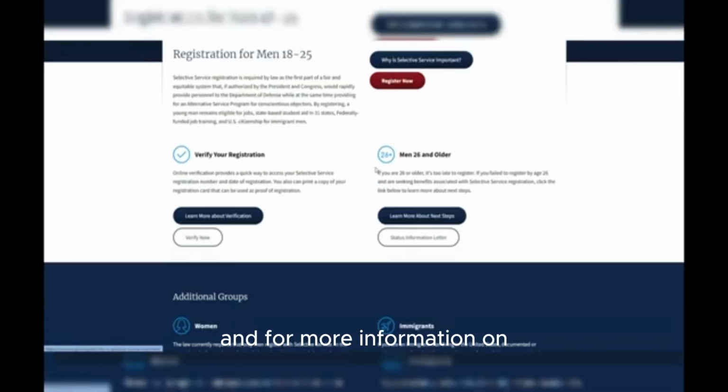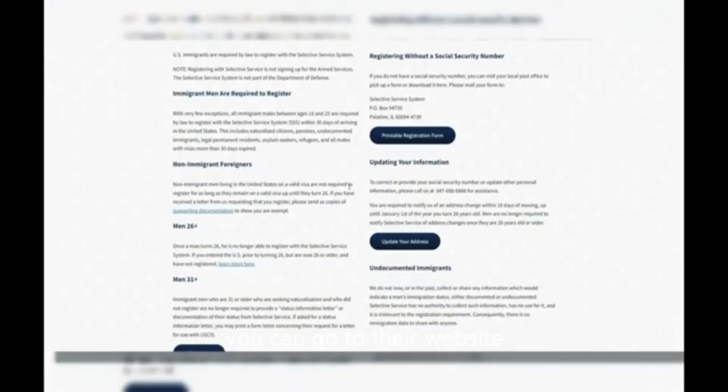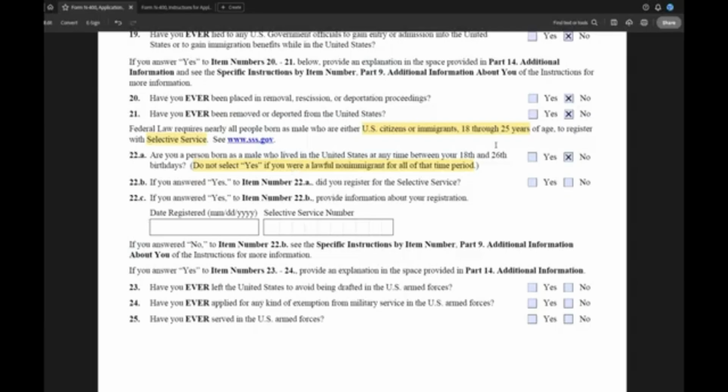And for more information on selective service requirements, you can go to their website. If you were required to register, you would answer yes, whether or not you registered with selective service, and you would need to provide the date of your registration and your selective service number, which again, you may be able to obtain on their website.